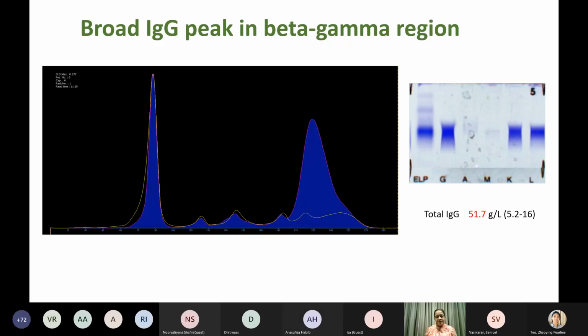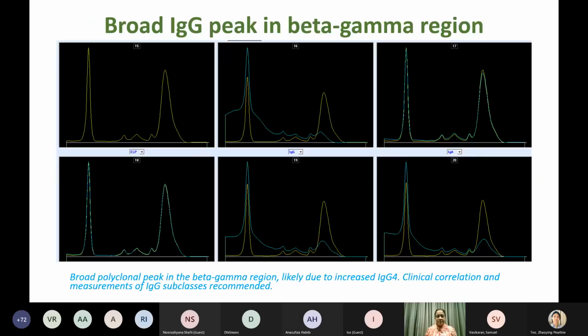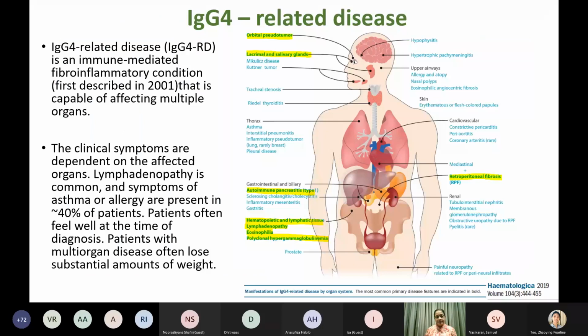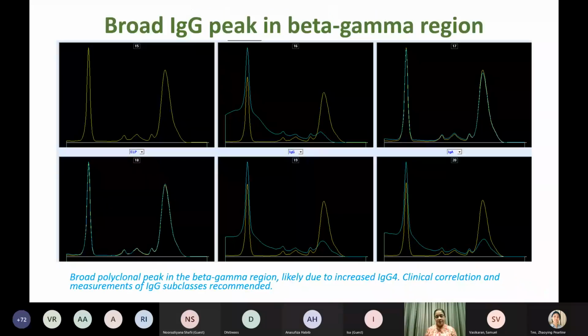If you have the IgG4 measurement in the lab, that is one way to do it, but some patients with IgG4 myeloma could have a high IgG4 level if you use the subclass measurement. So it's always good to discuss the clinical situations with the clinicians.